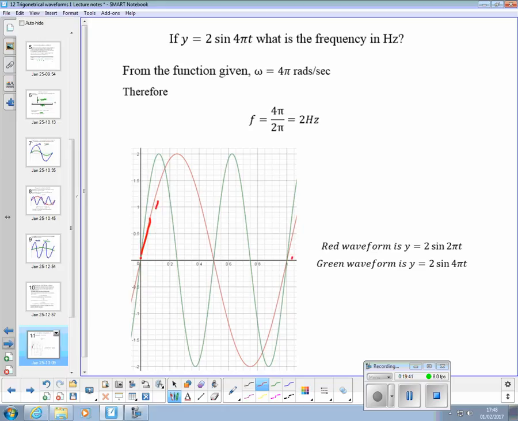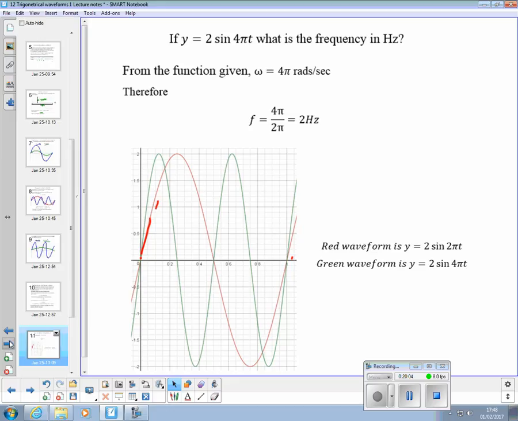The green one, in the same amount of time, is doing 2 complete cycles. So we doubled the frequency from 2 pi to 4 pi. Omega's changed from 2 pi to 4 pi. We get twice as many cycles per second.